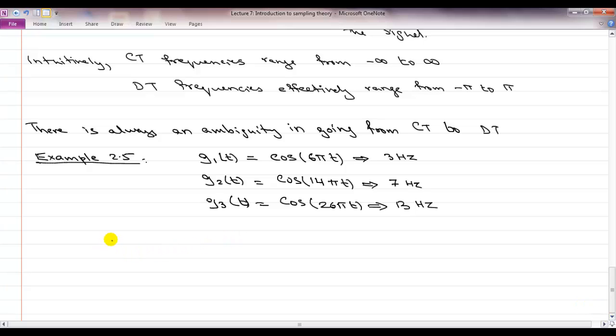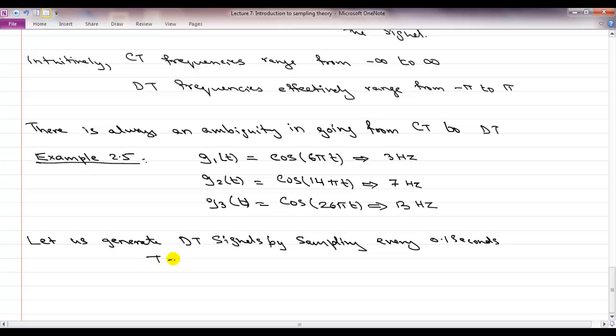And now let's say that we will sample this every 0.1 seconds. So let us generate discrete time signals by sampling every 0.1 seconds.